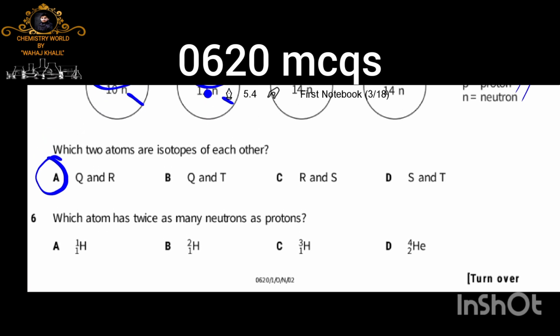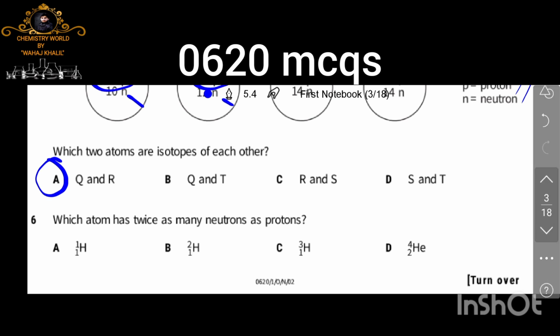Next one is, which atom has twice as many neutrons as protons? So these have proton number one here and one here and one here too. This is the mass number basically.